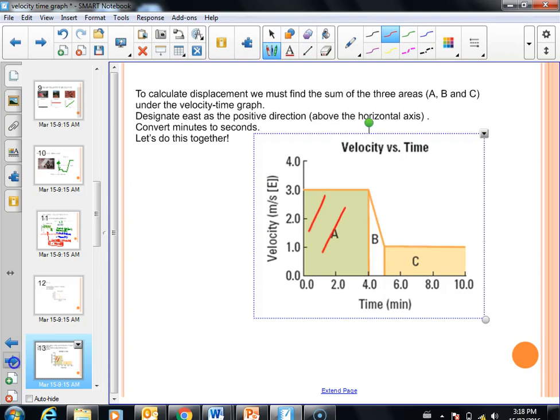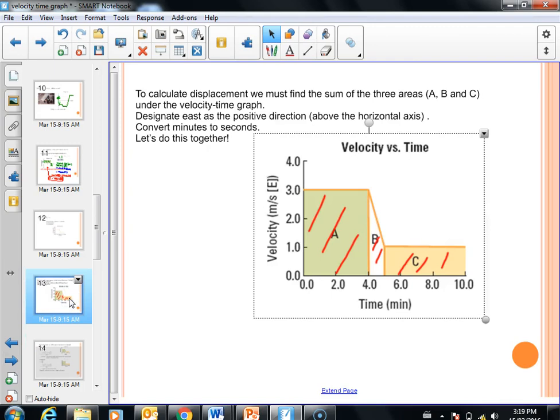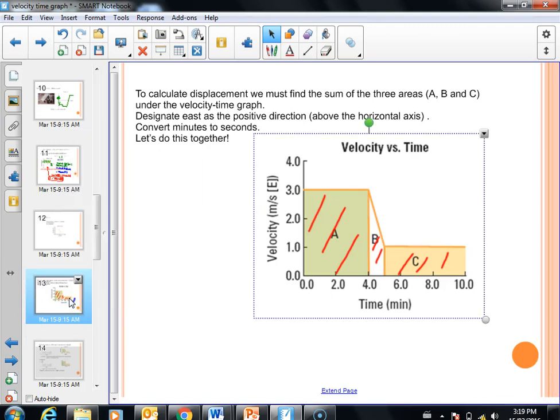So we have A, and we have B, and we have C, and we've got to add those together for displacement. So we would just do 3 times 4 plus 5 times 1, and then add them all together.